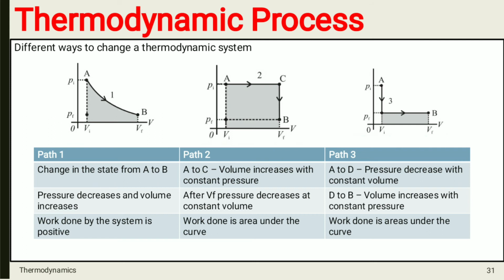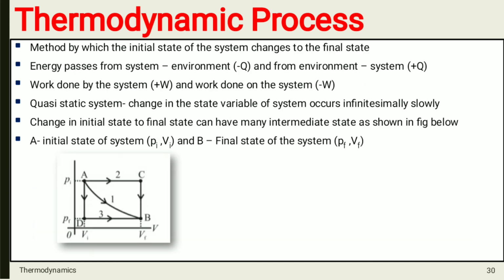So, you have studied that a system can change its state from initial state to final state very slowly. Why slowly? To maintain its equilibrium state. If the system changes from initial state to final state immediately, then that system cannot be in equilibrium.